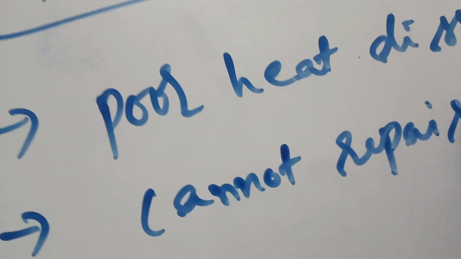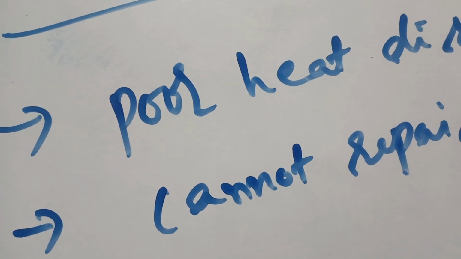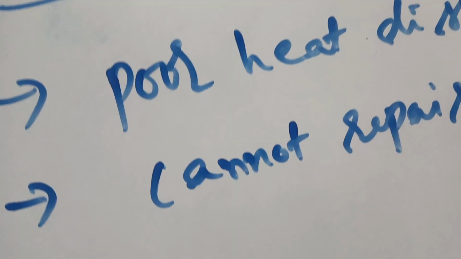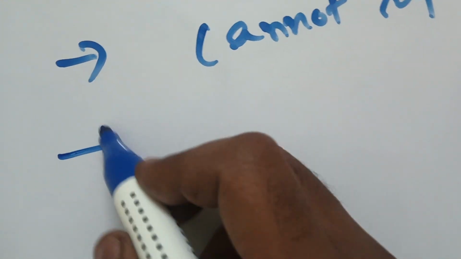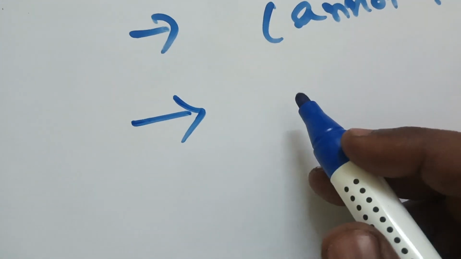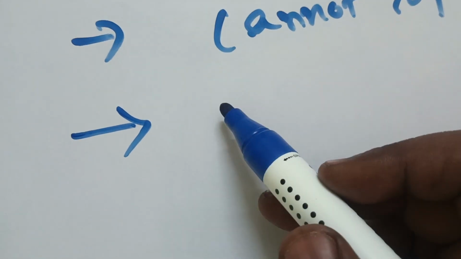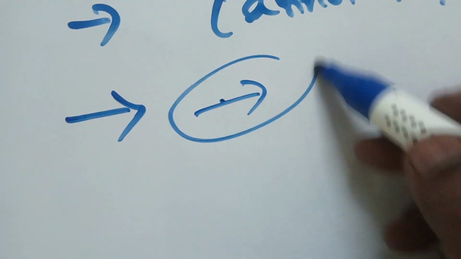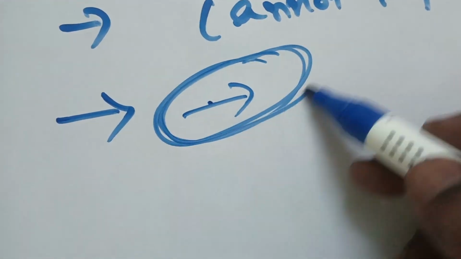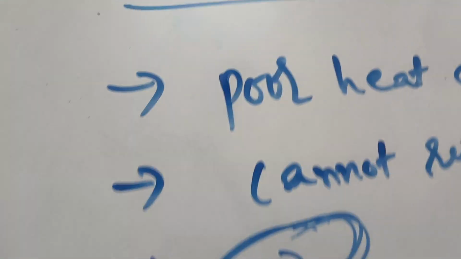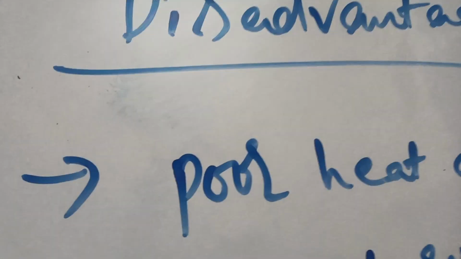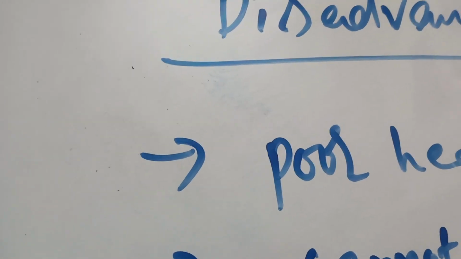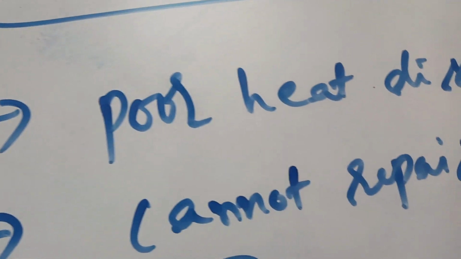If an IC fails, we have to replace it with a new IC. Next, inductors and transformers cannot be fabricated inside an IC because their size is very big. Also, high value capacitors cannot be fabricated and must be connected externally.